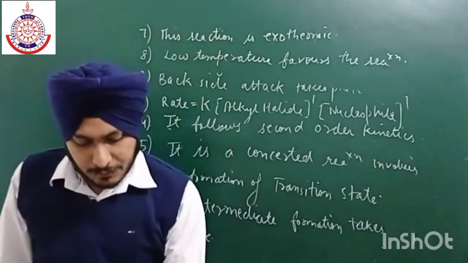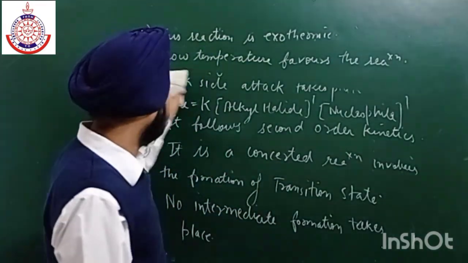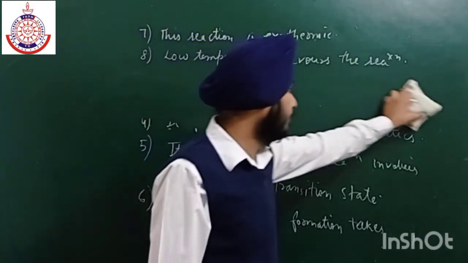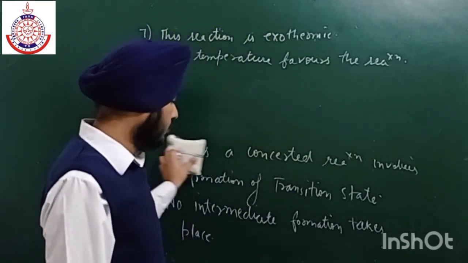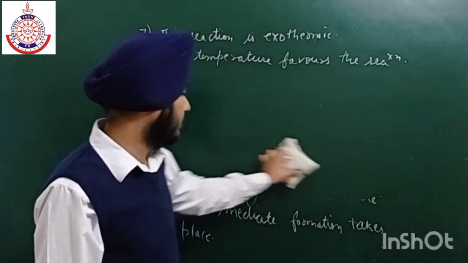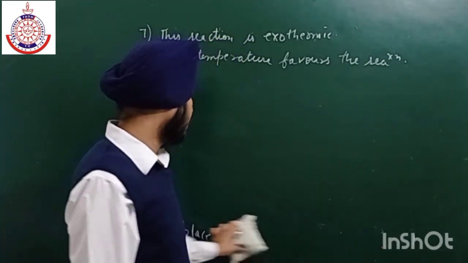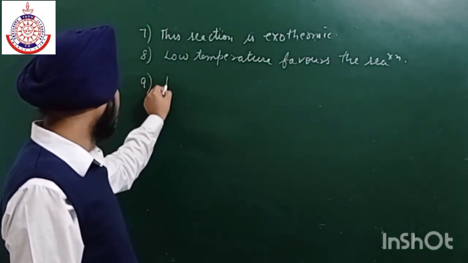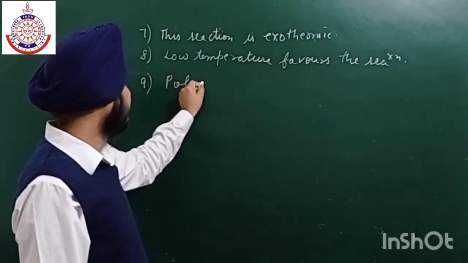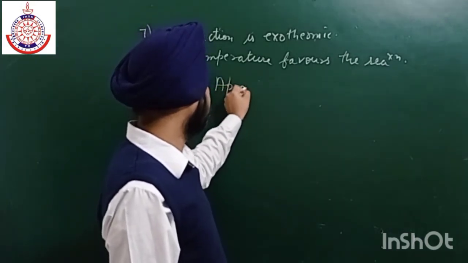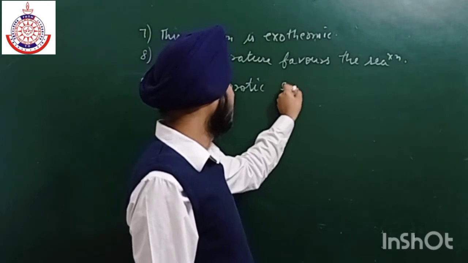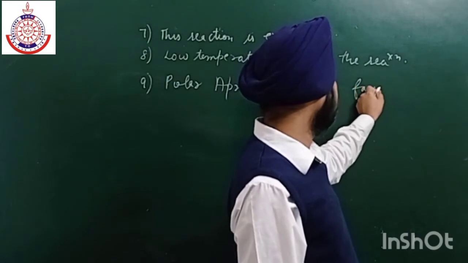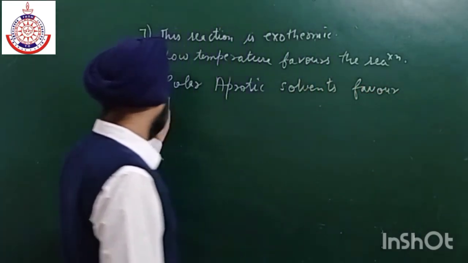The next is our 9th point. The 9th point is the nature of the solvent. Now, if we talk about the nature of the solvent, polar aprotic solvents are used. Polar aprotic solvents favor this reaction.